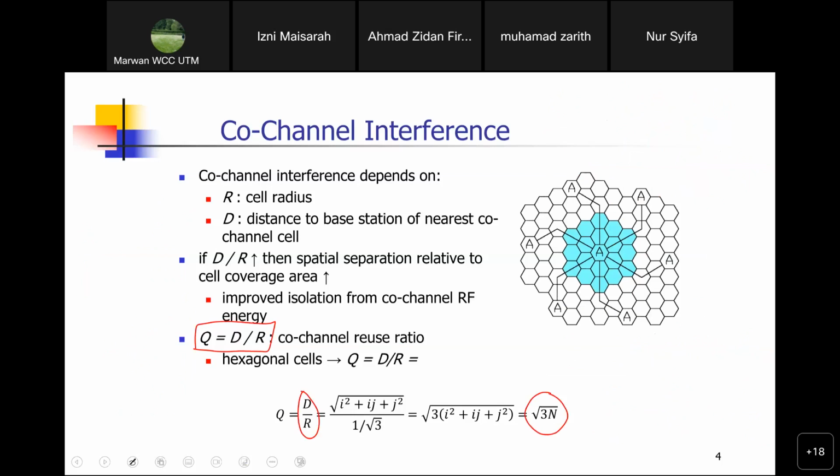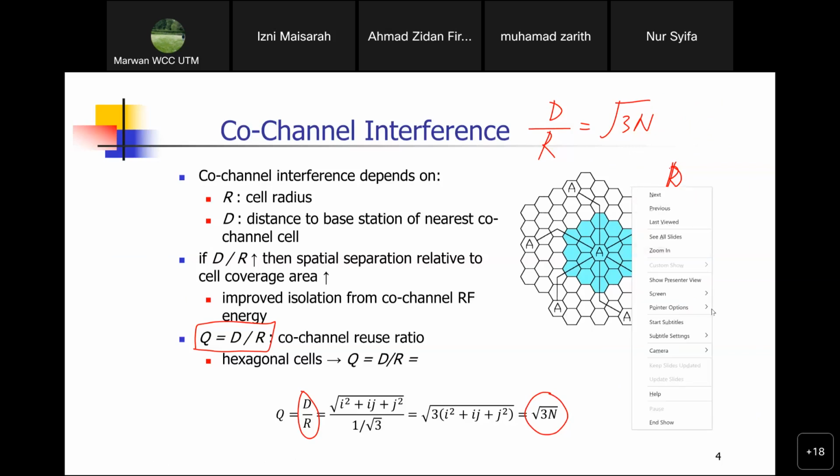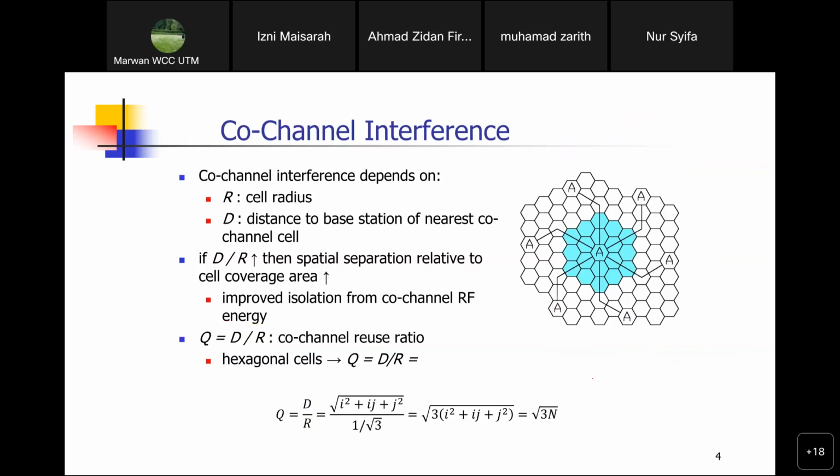We know that D divided by R is equivalent to square root 3n, so, back up here, D divided by R equals square root 3n.